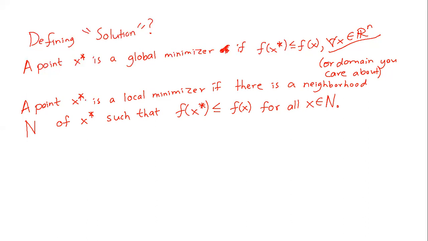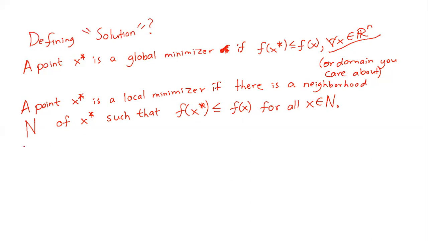This one just requires there to be a neighborhood of x star such that the objective function evaluated at the local minimizer has a lower value than when evaluated at all the other points in the neighborhood.